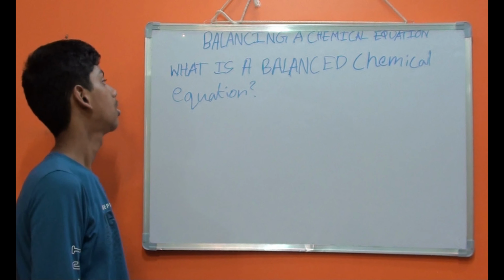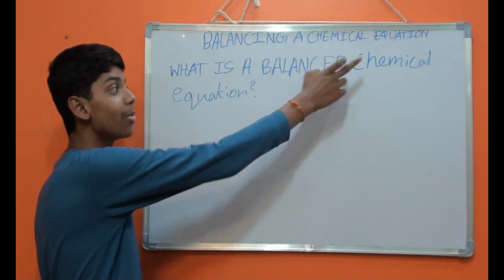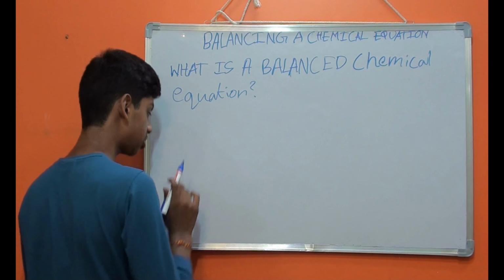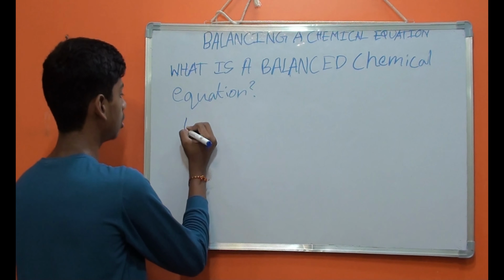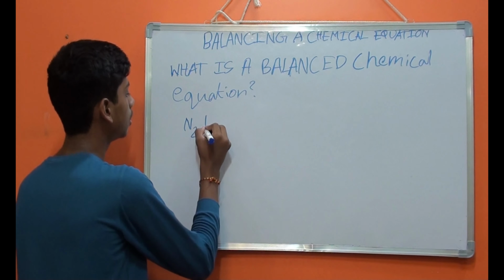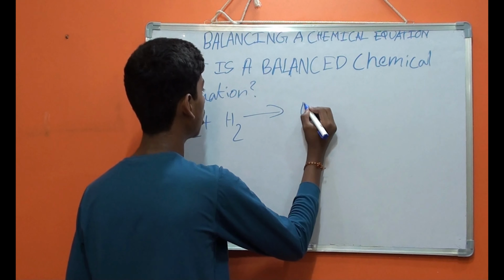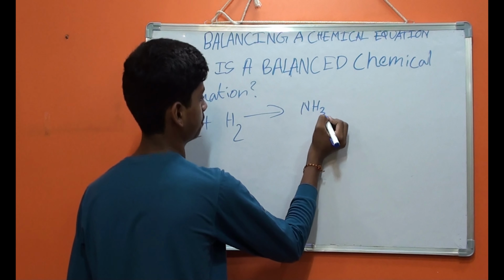So friends, now let's see what is a balanced chemical equation. So for example, let's take an equation. Let's take N2 plus H2 forms NH3.